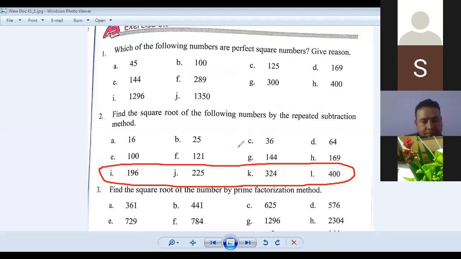But if you have any question about today's topics? No, sir. Anyone, do you have any question? No. Okay, so you will try these 4 questions and we'll meet tomorrow, okay? Yes, sir. Okay.